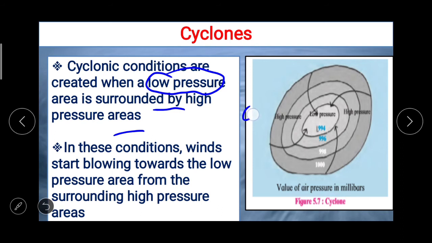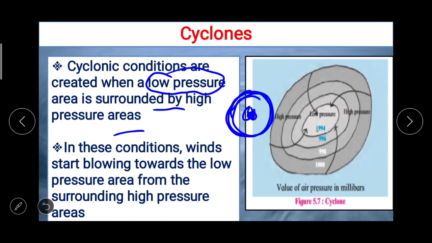For example, this one point is a low pressure area, and if it is surrounded by high pressure, meaning there is high pressure around it, then a cyclone is created. Cyclonic conditions are created when a low pressure area is surrounded by high pressure areas, and in these conditions winds start blowing towards the low pressure area from the surrounding high pressure areas.